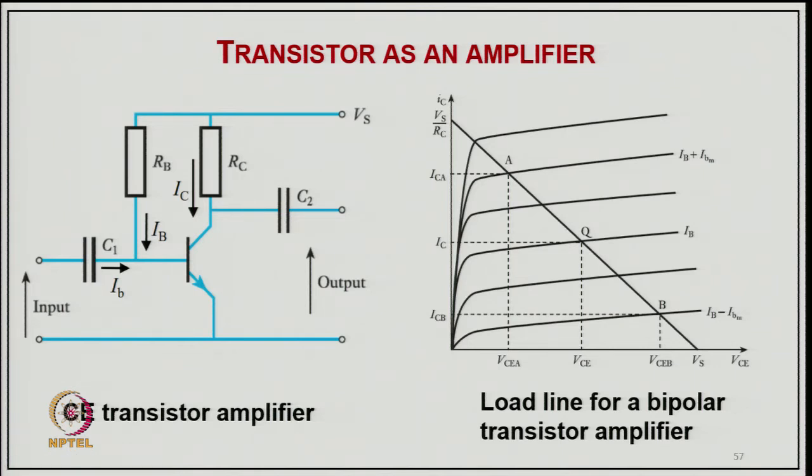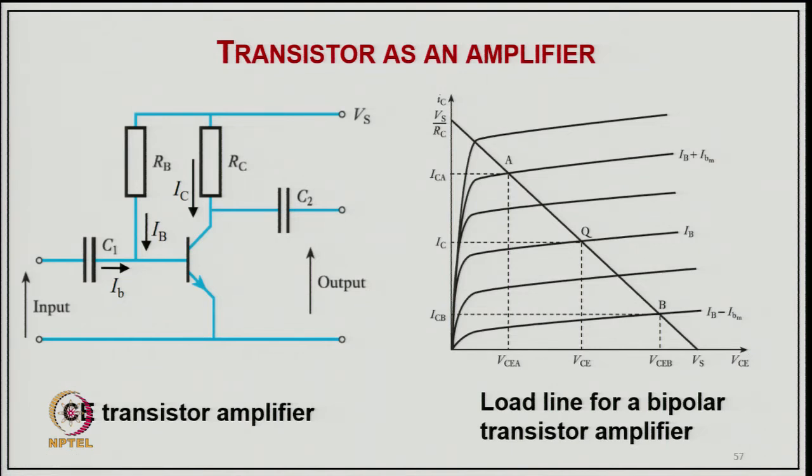So, you get the AC voltage, but the reactance of these capacitors for the input signal, at the corresponding frequency, is almost negligible. This is the collector current corresponding to the net AC and DC current, and this is the voltage drop of VCE.